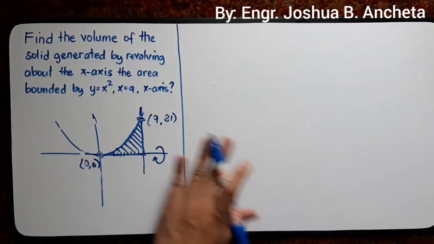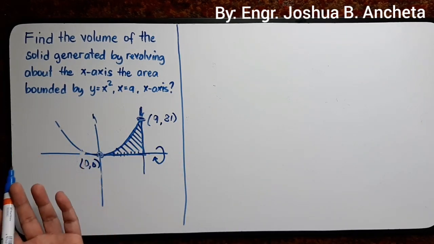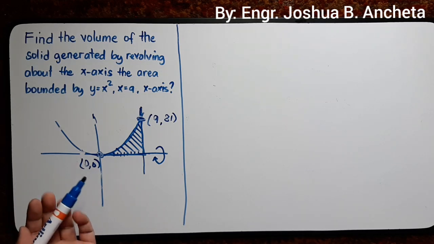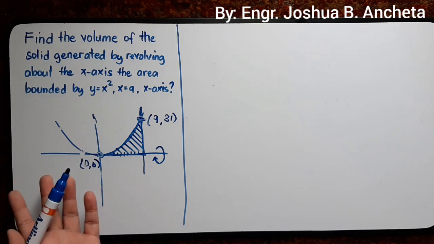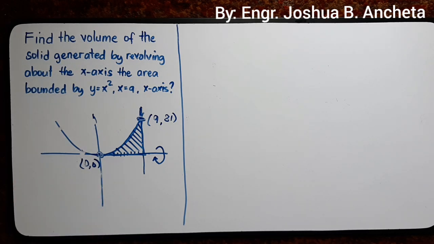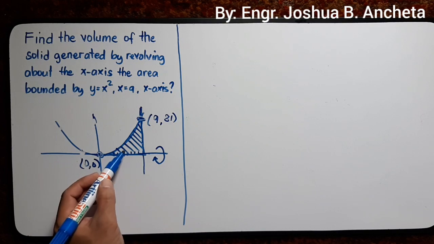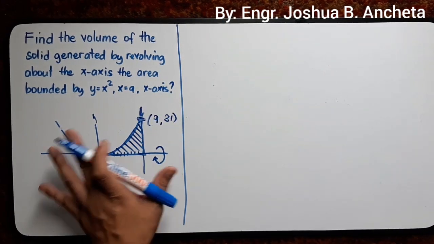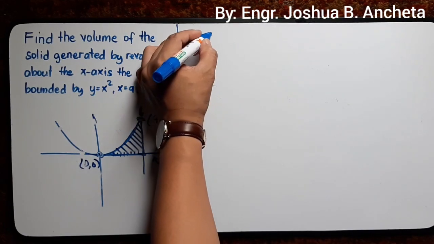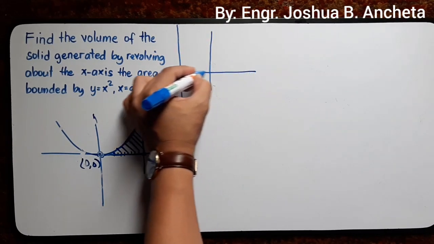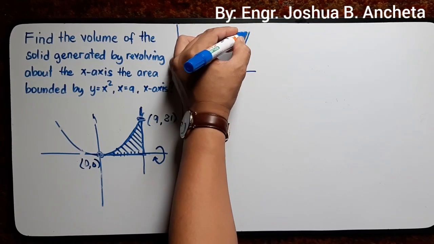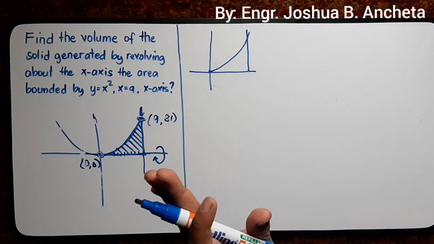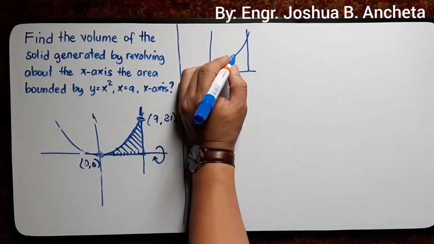With this illustration, to find the volume, we can use either horizontal strip or vertical strip. First, let us use vertical strip. Let me redraw the drawing. This is the bounded area.